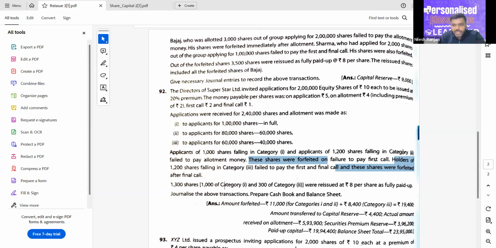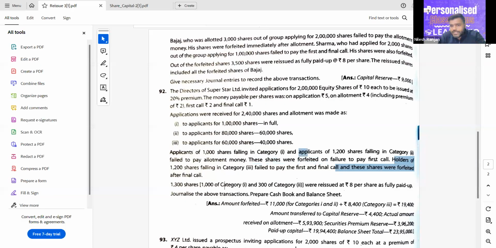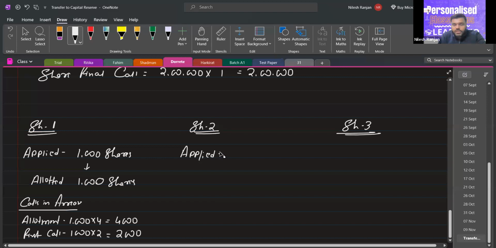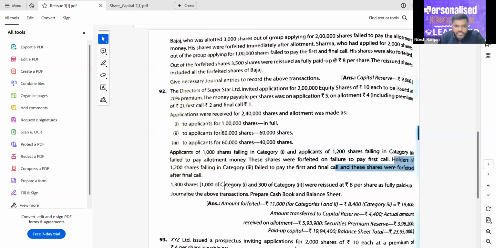Very good. Now the category 2, the second shareholder, 1200 shares. So he is in category 2. His applied share, because it is given applicants of 1200 shares, he applied for 1200 shares. But the allotted share will be different. He is in the second category, so 80,000, 60,000 combination we have.